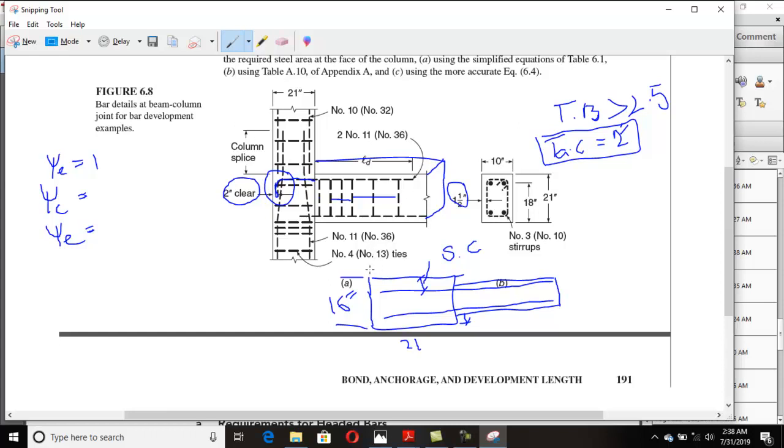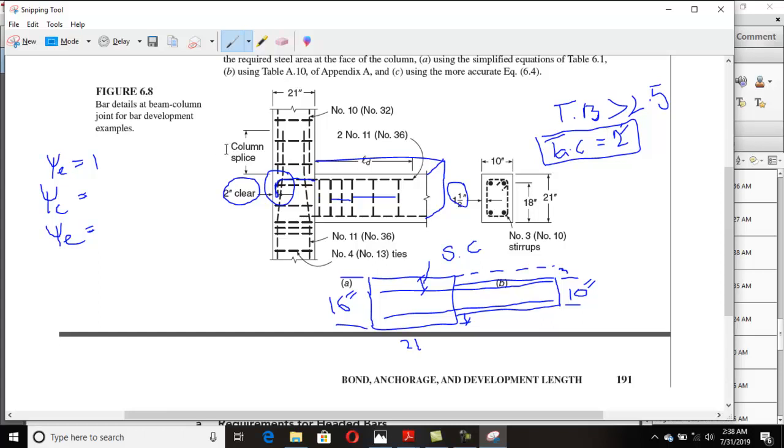Because you will decide on your side cover. There is 1.5 inch side cover. This is 16 inch and the beam width is 10 inches. If I extend it, 16 minus 10 gives you 6 inches.